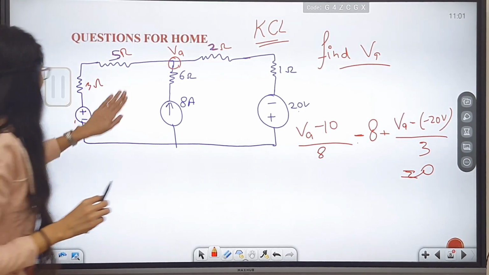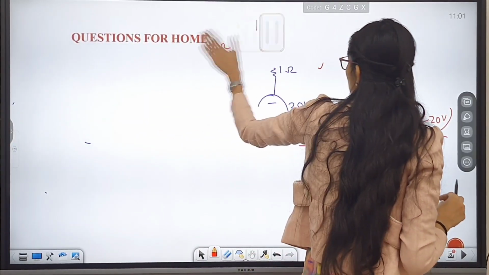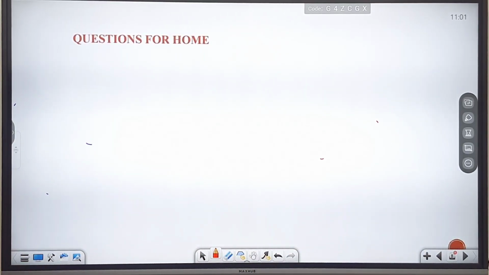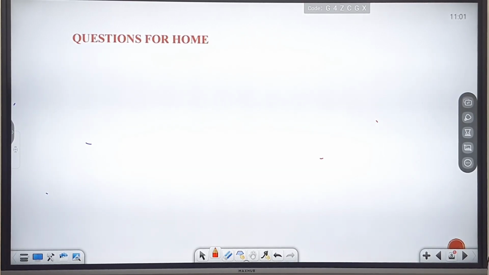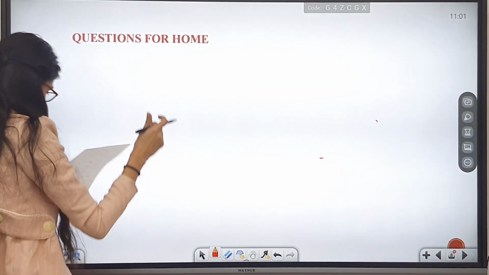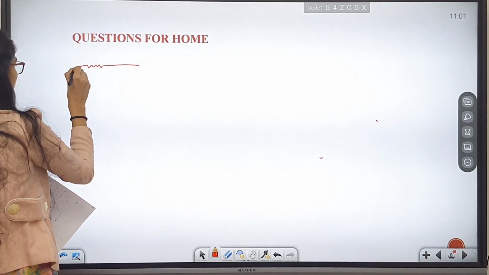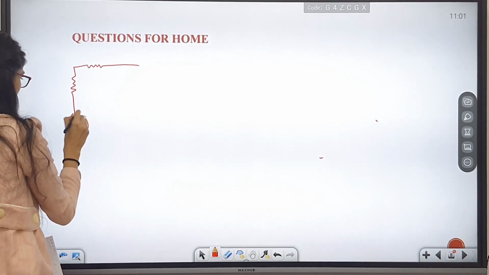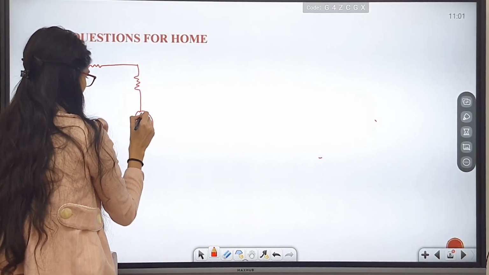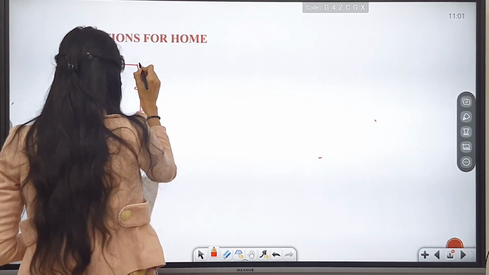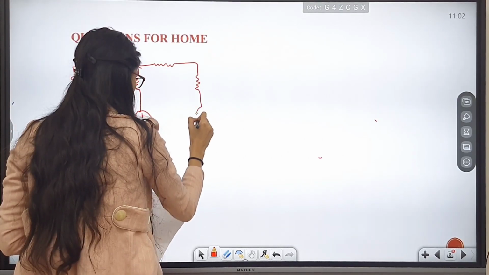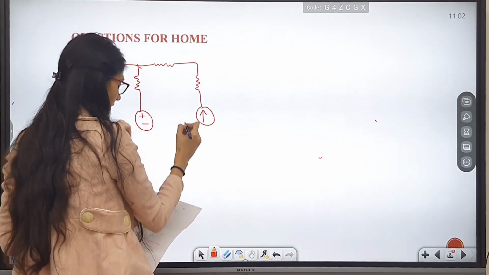Okay, let's give you another numerical like this. Let me see if I have. Yes. Here it is a current element.